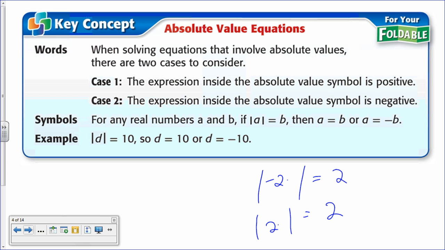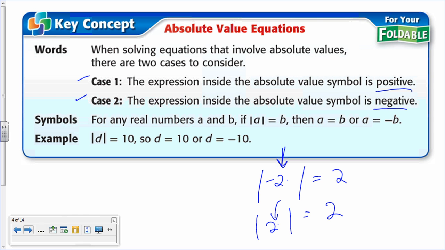So there are 2 cases you have to be aware of. Case 1: the expression inside the absolute value symbol is positive. That's this scenario here. Case 2: the expression inside the absolute value symbol can be negative, which is this scenario here.